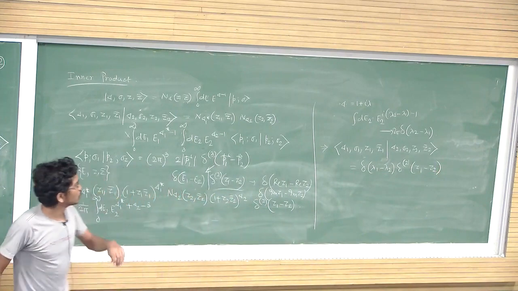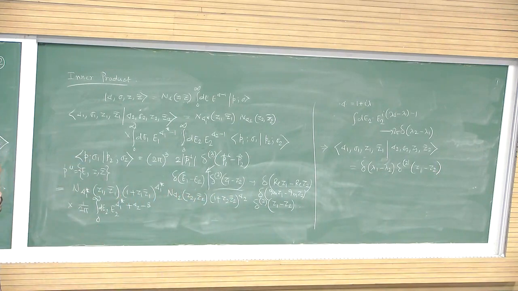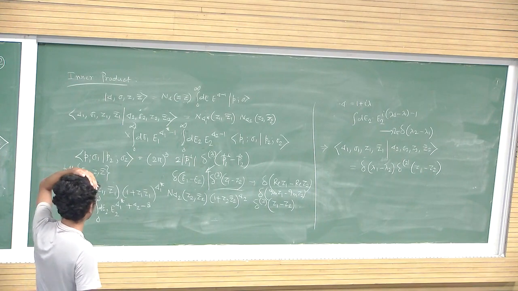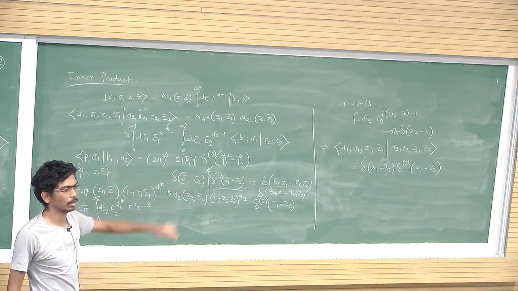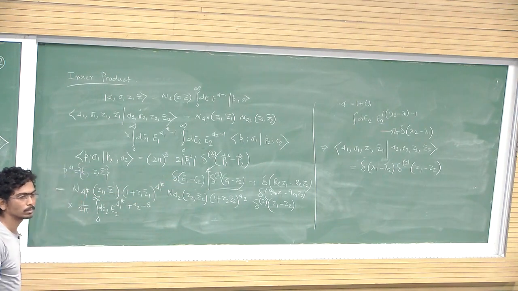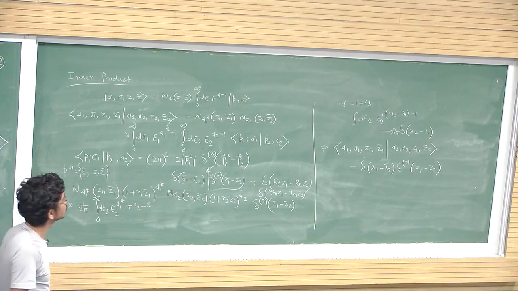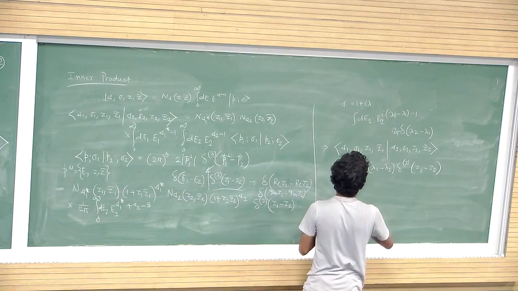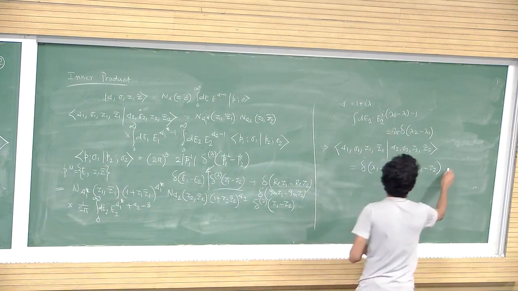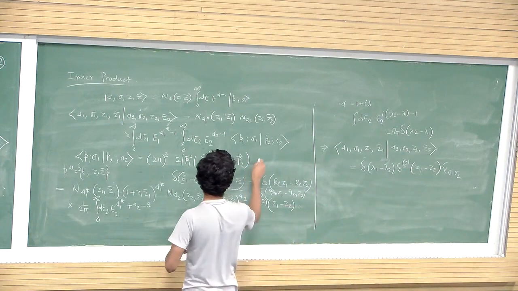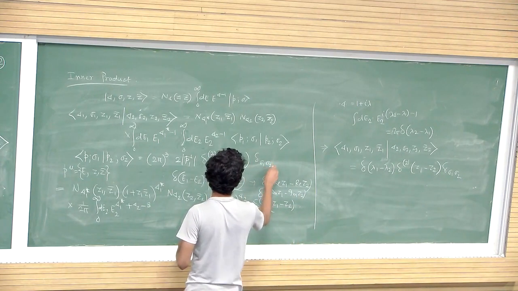So you have to choose delta equals 1 plus i lambda, otherwise you don't get a delta function normalizable basis. Oh, sorry, delta of sigma 1, sigma 2 here also, right? Yeah.